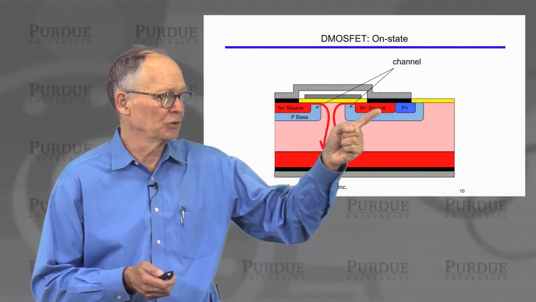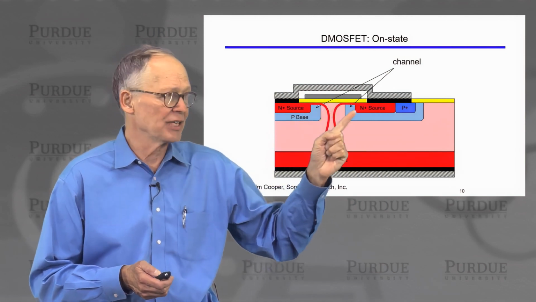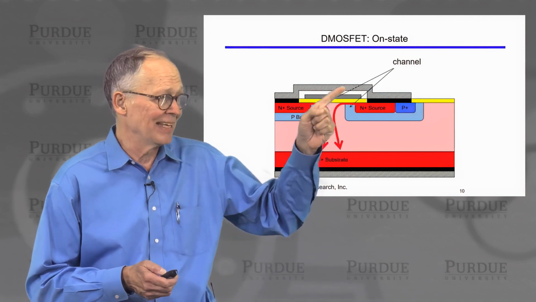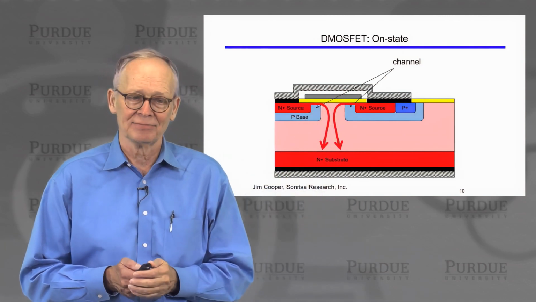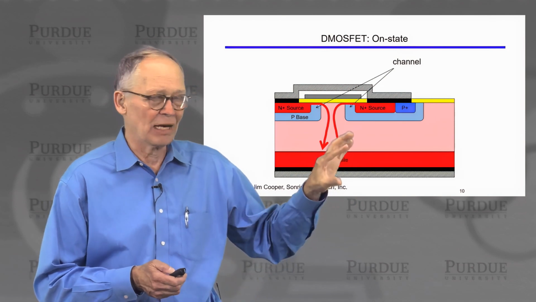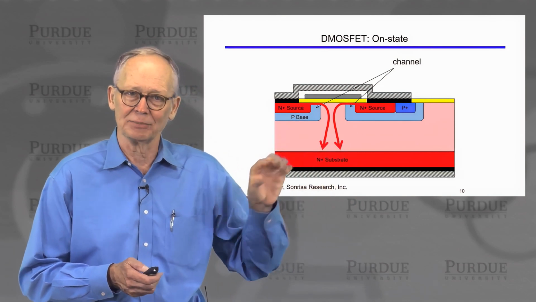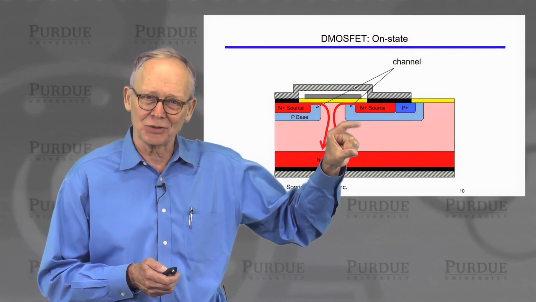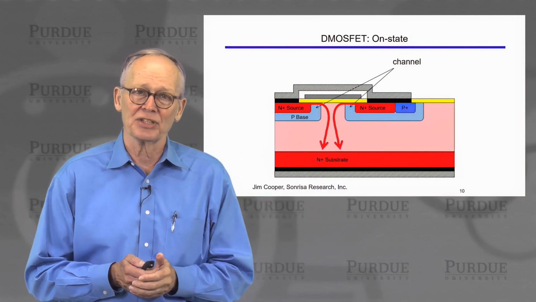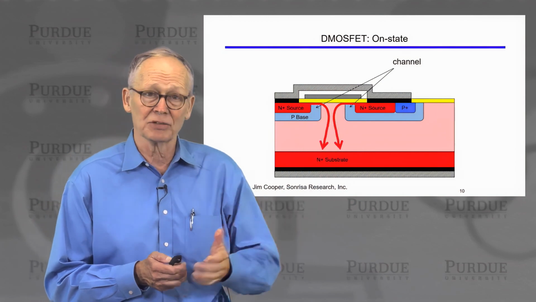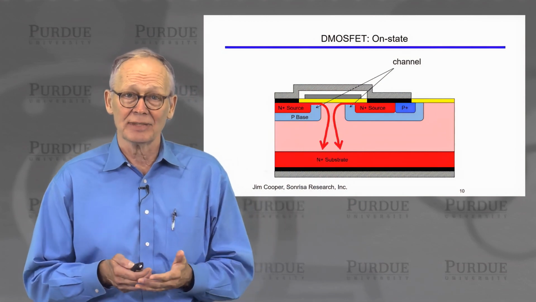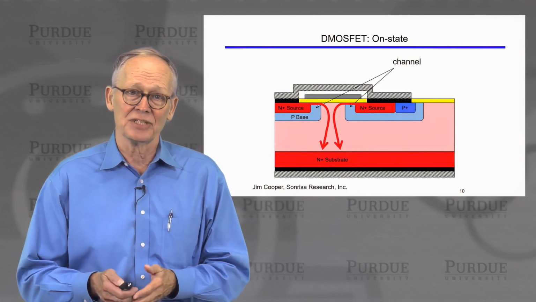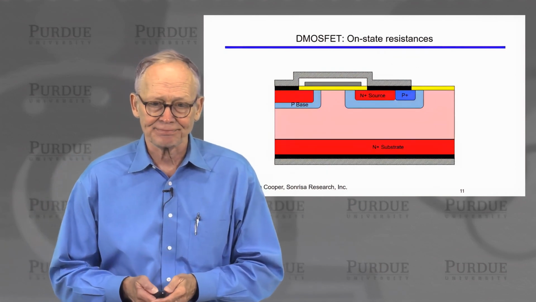From the source, there are two sources here, across the P-type channel when I've applied a gate voltage that's greater than the threshold voltage, and then down across this lightly doped N region and out the heavily doped N-type drain. Again, you have to recognize that this sketch is not drawn to scale. The vertical dimension is very large compared to the lateral dimensions. That is so that we can spread the voltage drop across a large region and achieve a high breakdown voltage.